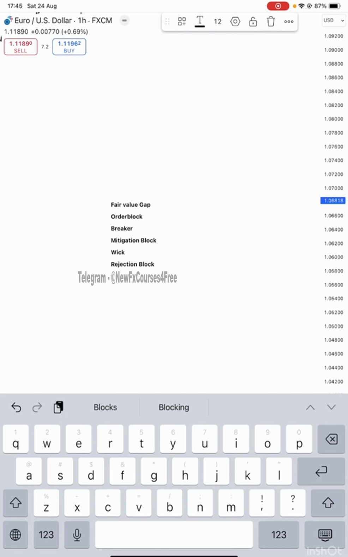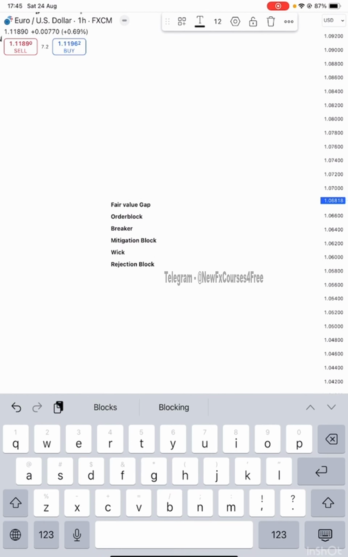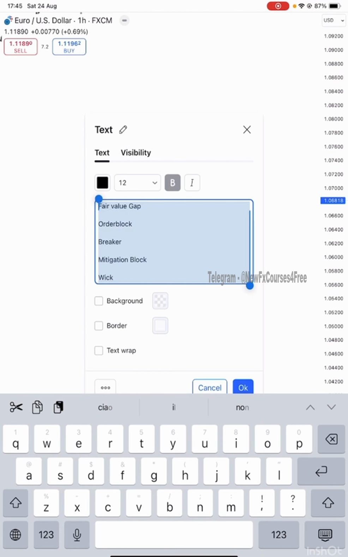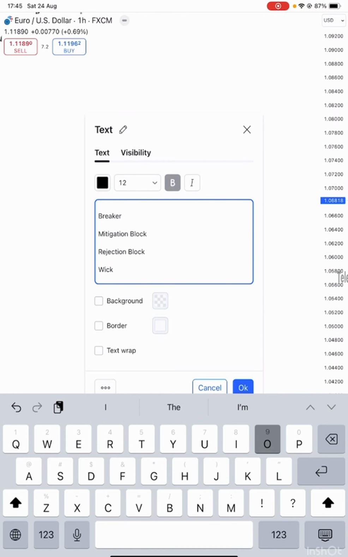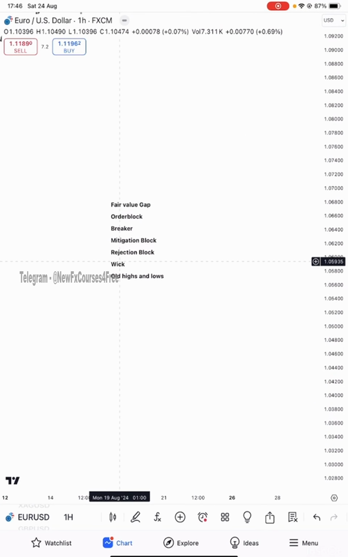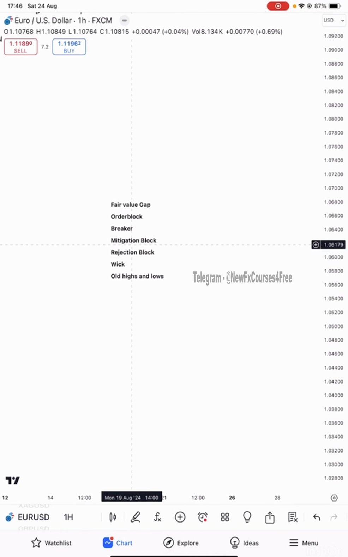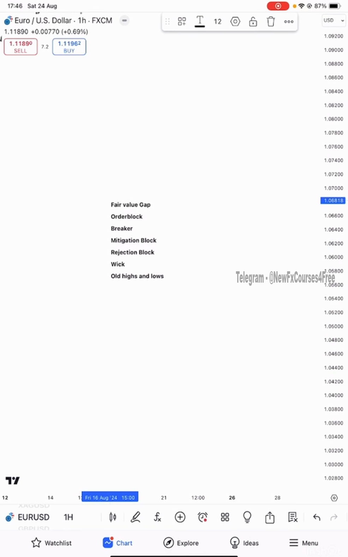Then rejection block, and sorry, but okay, wick is after, obviously, rejection block, and finally all the highs and lows that usually, as you know, wicks are liquidity pool, all rejection blocks are liquidity pool, all the highs and lows are liquidity pool, and same for fair value gap.